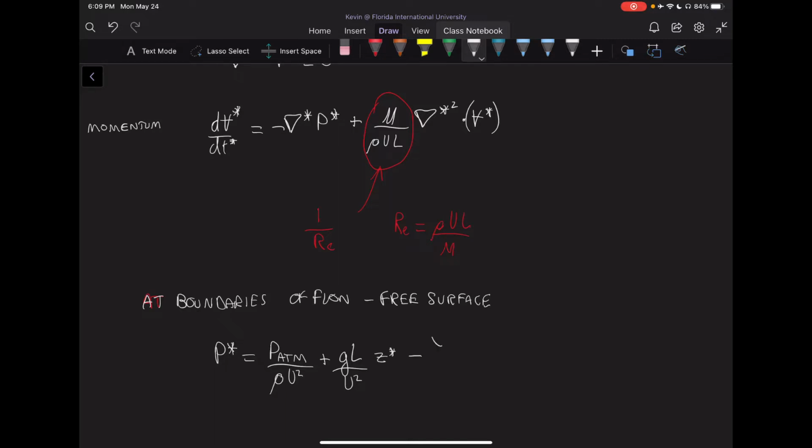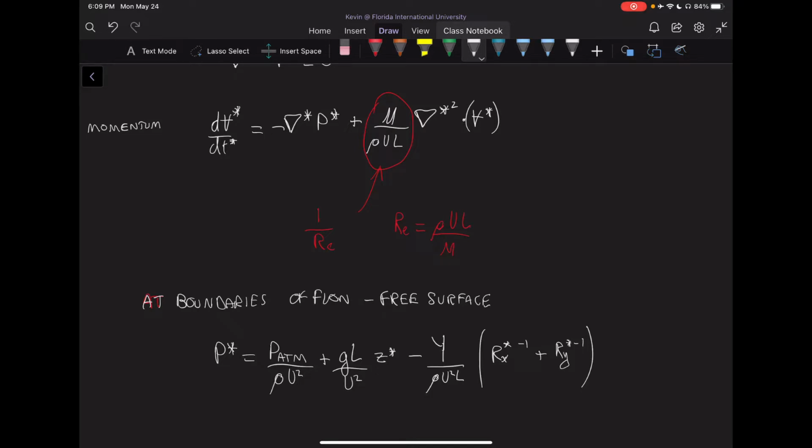minus Y over rho u squared L times Rx star, not R star X, so it's Rx star to the minus 1 plus Ry star to the minus 1.